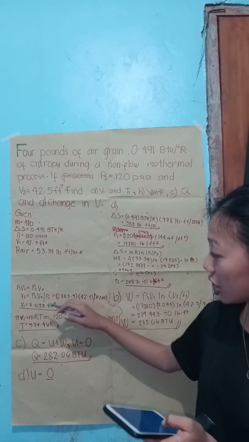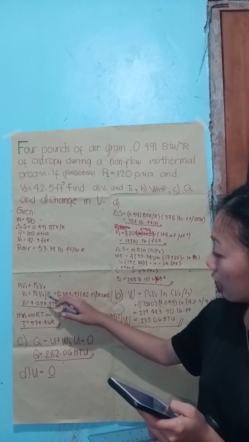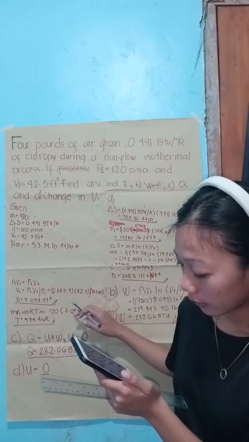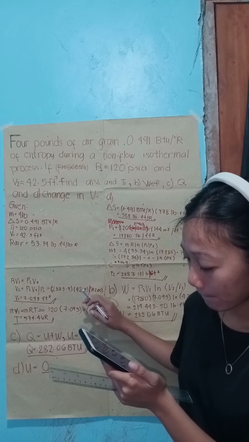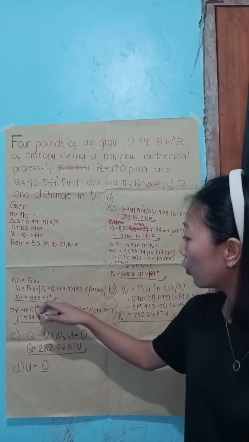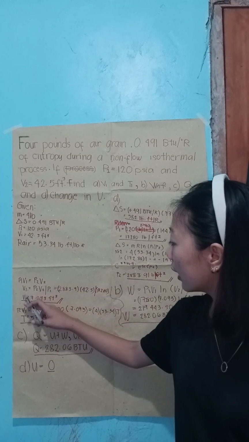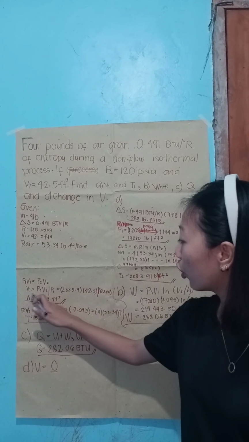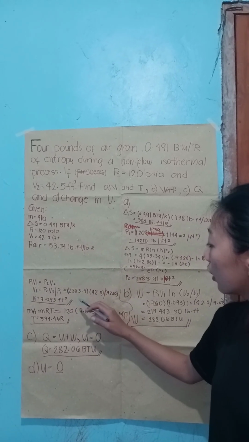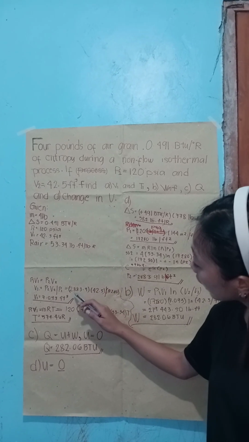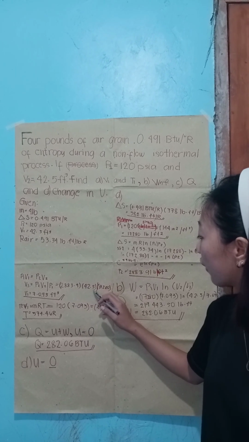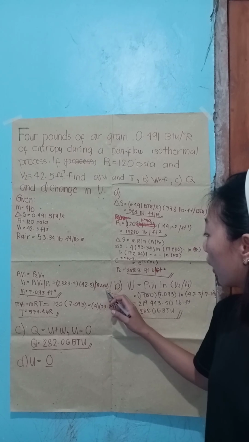And then next is, we can now get the initial volume using the ideal gas law, which is PV is equal to MRT, and then by transposing this one, we can get this formula, and then we can now input the following values: 2,883.9 times 42.5 over 17,280.